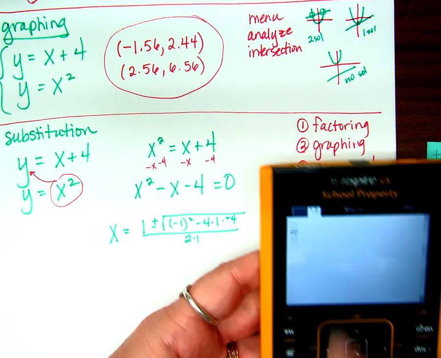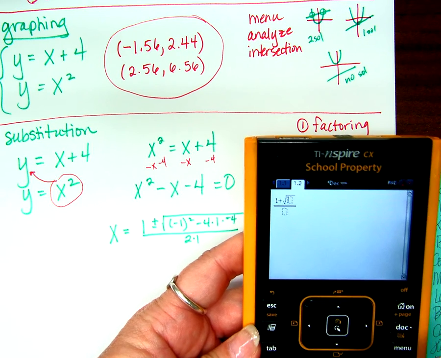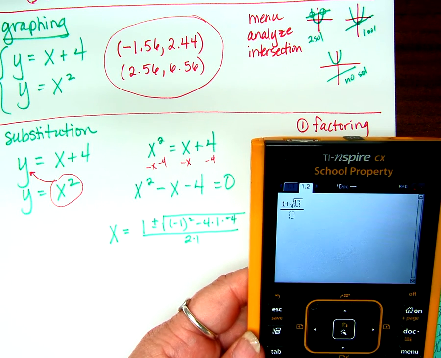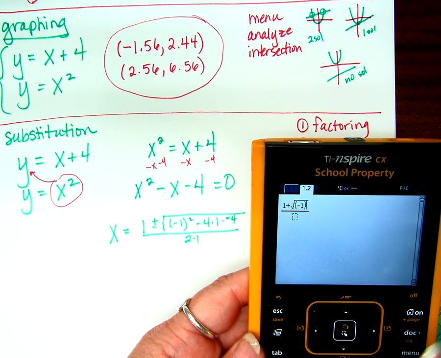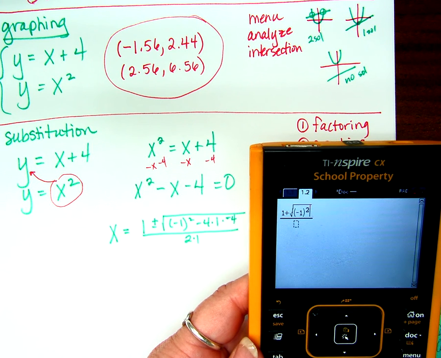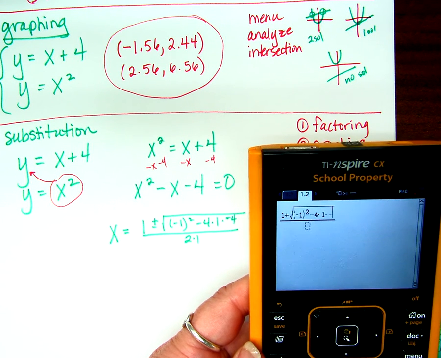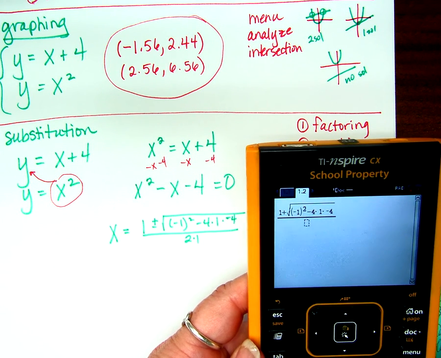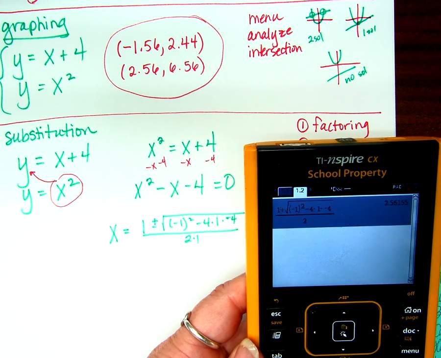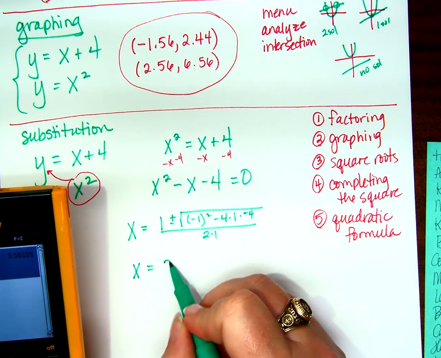Not myself, but in the calculator, I mean. 1 plus the square root of negative 1, making sure I remember my parentheses if I'm going to put it like that, minus 4 times 1 times negative 4 over 2. Enter. X equals 2.56155.